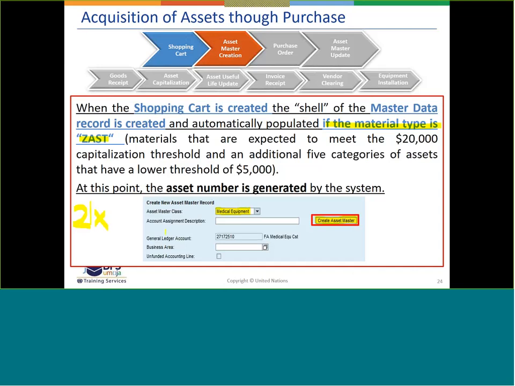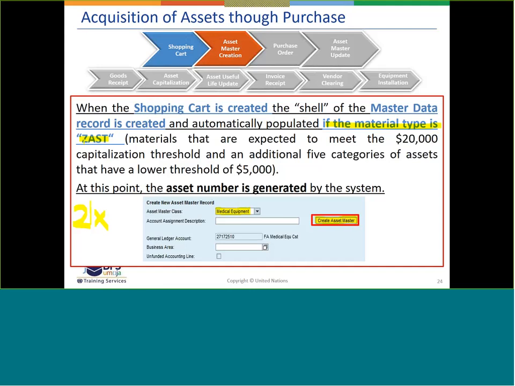If they are using a product ID that starts with 2-1, there will be an asset master record. If they are selecting one that starts with 1-5, they will not have it. So the selection of the material ID is critical. Why? Because you may have an element that is above the capitalization threshold, and you are paying more than 5,000 or more than 20,000.